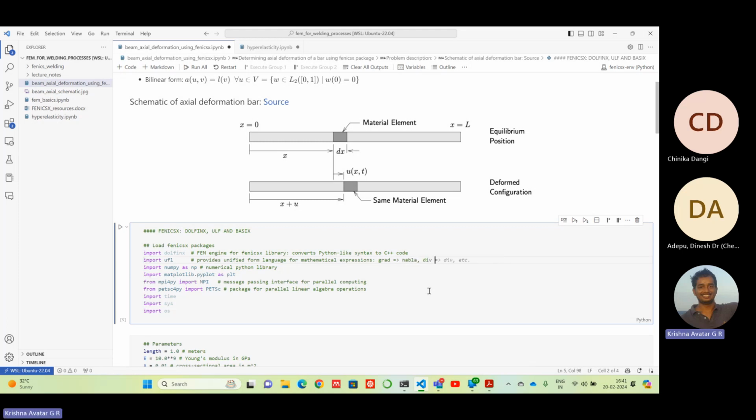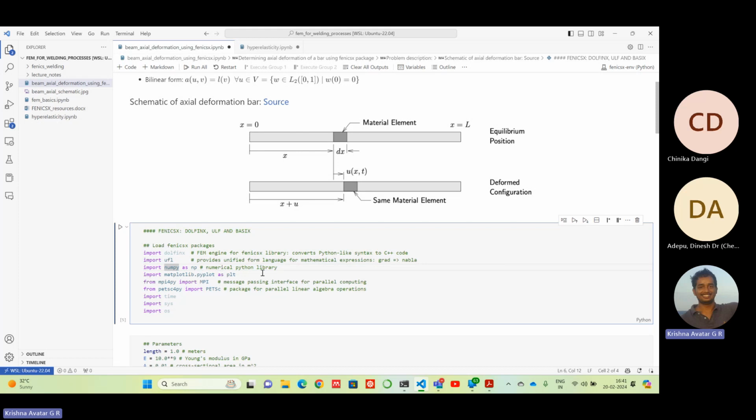If you are using divergence, that is equivalent to finding the divergence. And if we write inner, we have to give it two arguments, and it will find the inner product between two different functions or two different elements of the vector space. So essentially, it's all symbolic in nature.